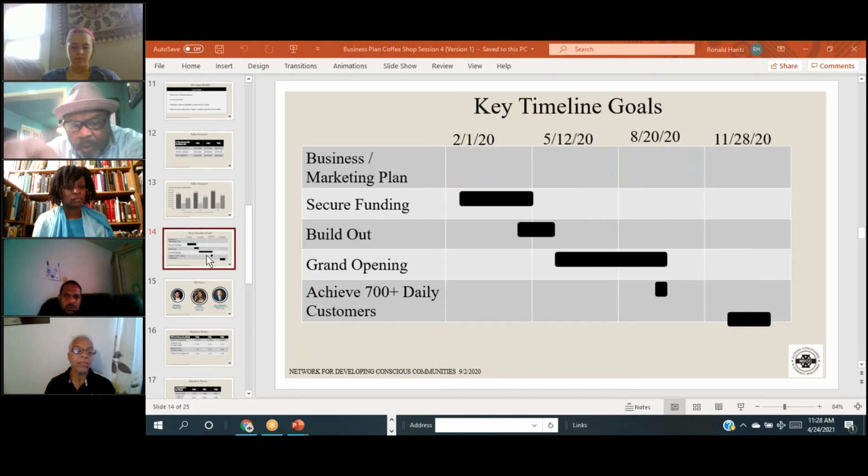But why is this important, this timeline? Why would it be important for those folks who you look at getting funding from to know you have a timeline? Has anybody ever thought about why this would be important for a lender to know what your timeline is? To project your ability to return being paid their loan.